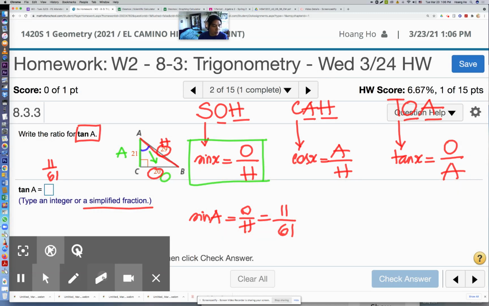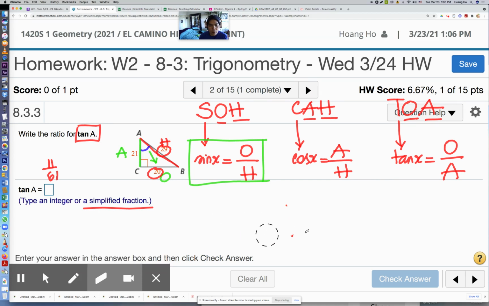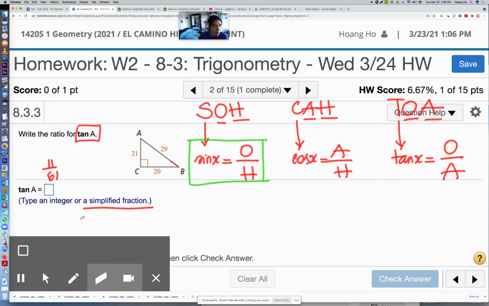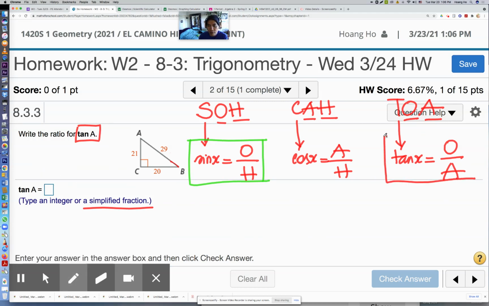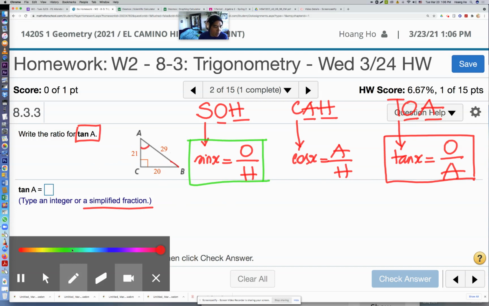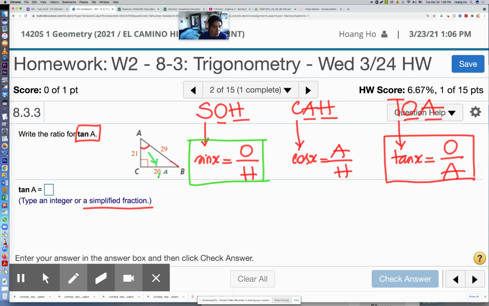Okay, question number 2. I use the same formulas. Now they ask you to find tangent. Here's the formula for tangent: opposite over adjacent. They ask you to find tangent of angle A. Opposite is 20, 29 is the hypotenuse, and adjacent is 21.